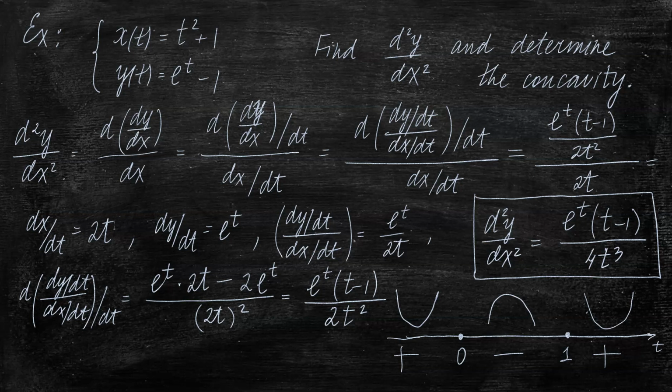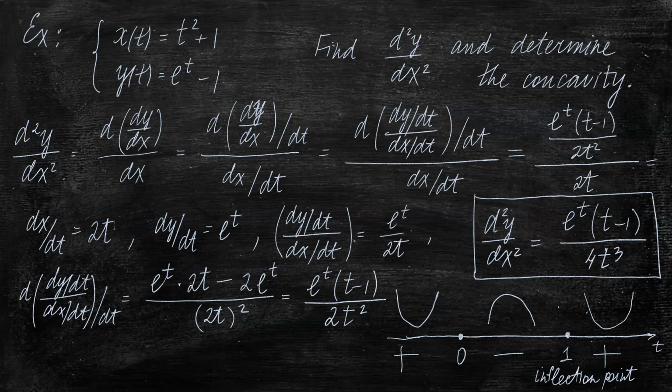So we identified the concavity. What else can we do here? Well, we can identify that we have an inflection point at 1. Why? Because this is the point where concavity changed from positive to negative.